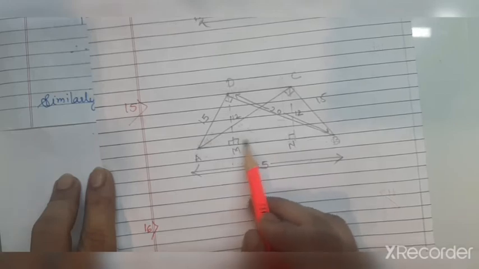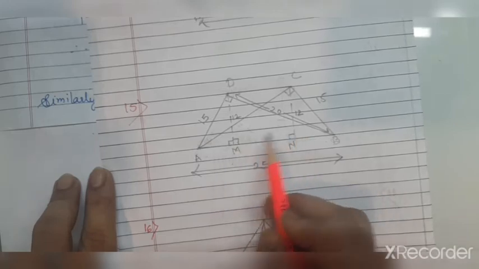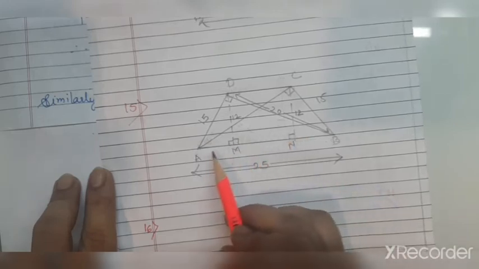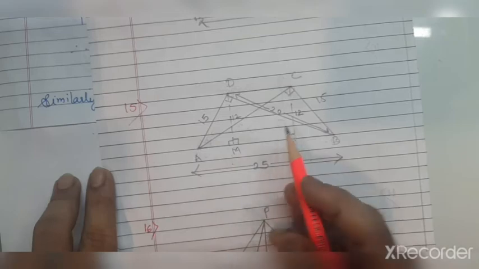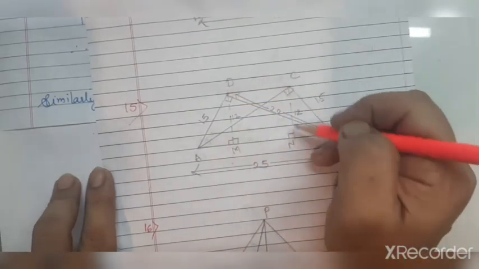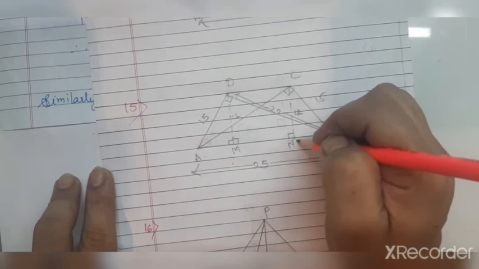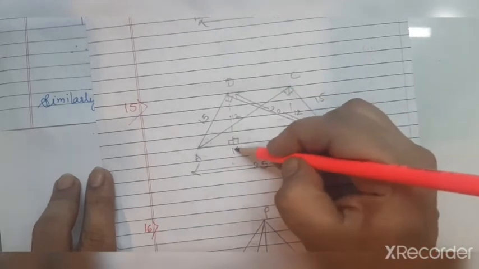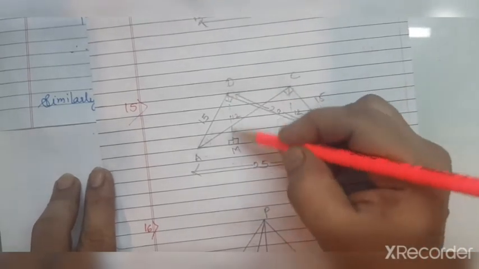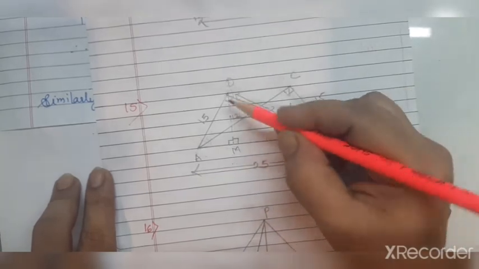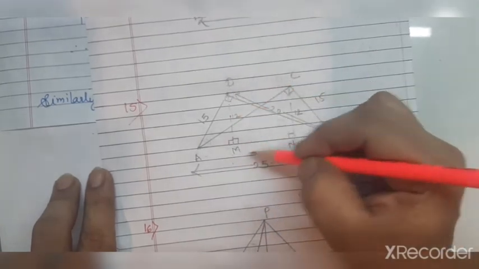That is, the adjacent angles are supplementary, and that proves that DM is parallel to CN. Okay, if DM is parallel to CN and DM is congruent to CN, then DMNC is a parallelogram.